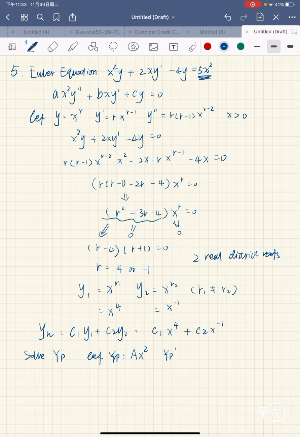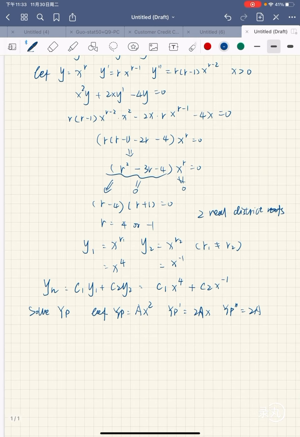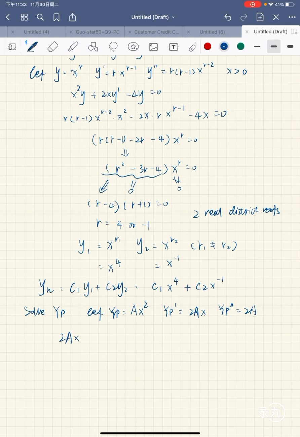So we know y particular prime will be 2ax, and y particular double prime will be 2a. And then plug into the equation, it will be 2ax squared minus 2ax times 2x minus 4a x squared equals 5x squared.